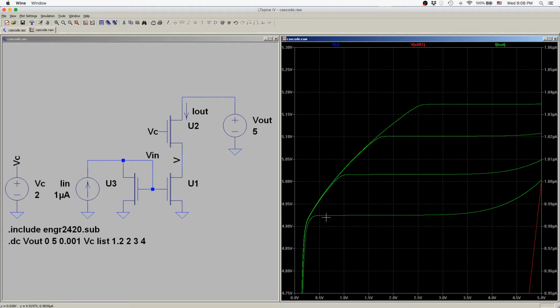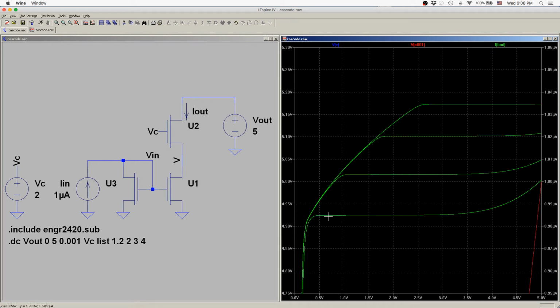Okay, I'm not claiming 1.2 is the optimal value in this particular case, but it's pretty close. I mean, we really can't see that intermediate region there very clearly. It just kind of blends into both transistors falling into the ohmic region.